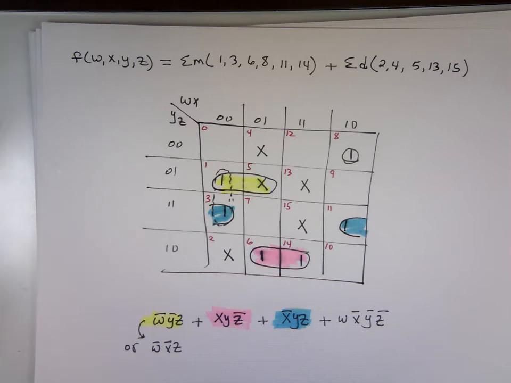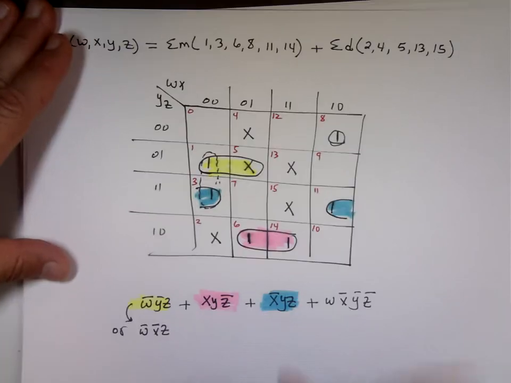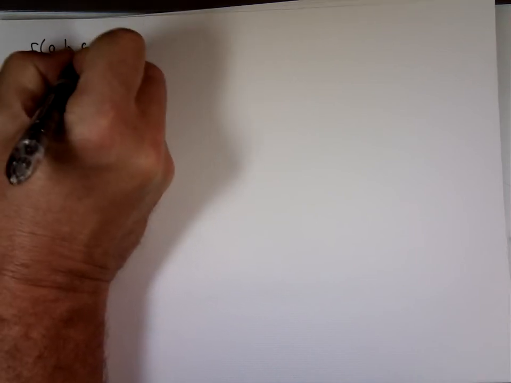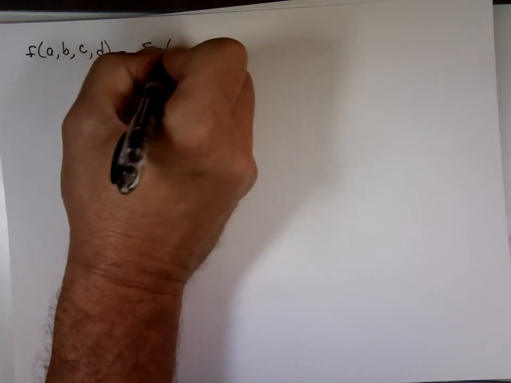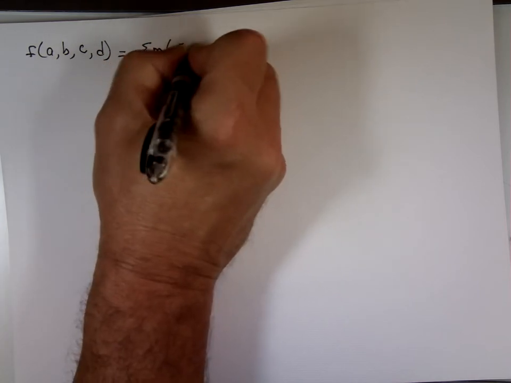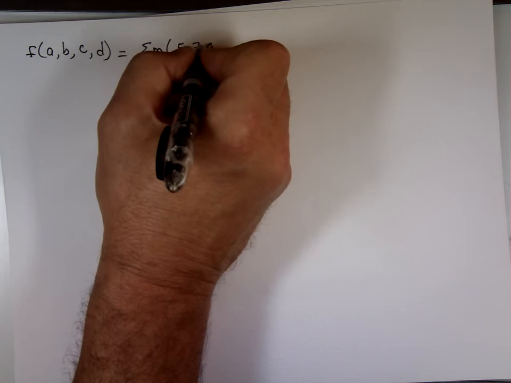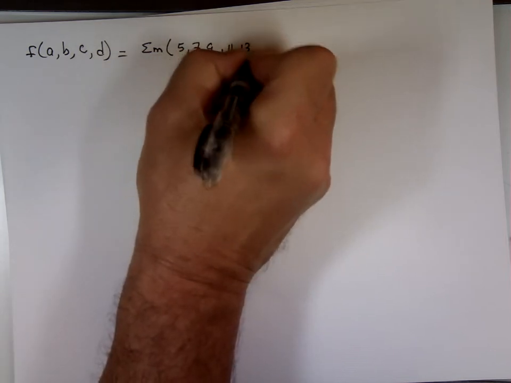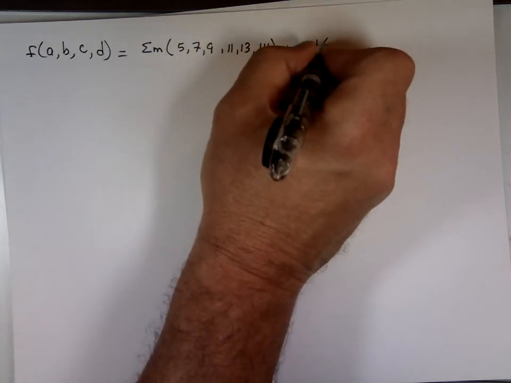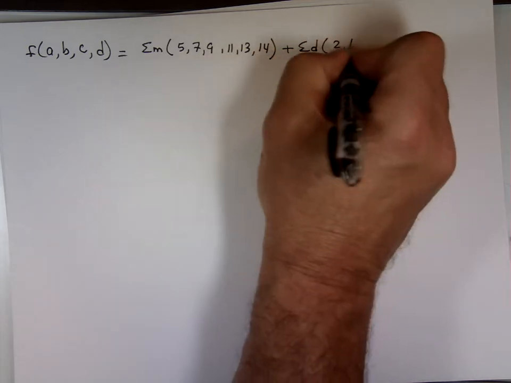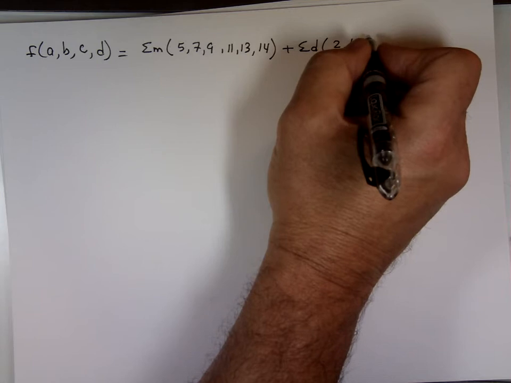Let's try one more and see if we can get one that's more helpful. F of A, B, C, D equals the summation of 5, 7, 9, 11, 13, 14, plus the summation of the don't care, 2, 6, 10, 12, and 15.